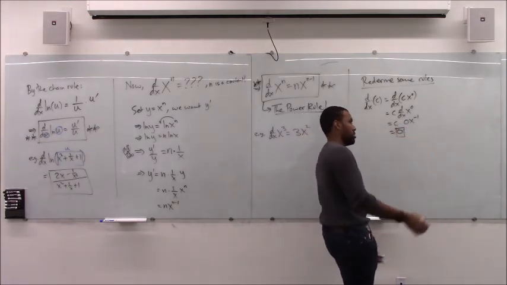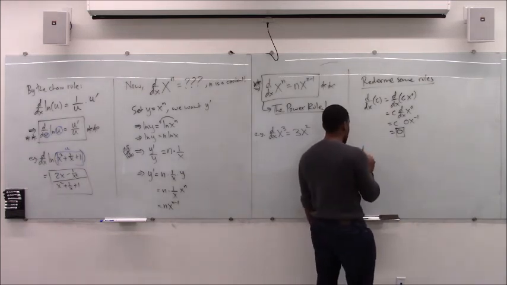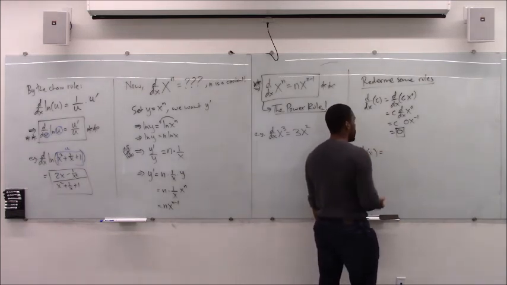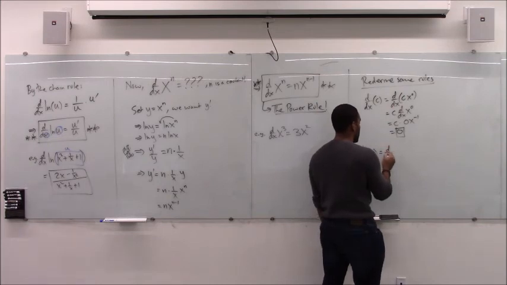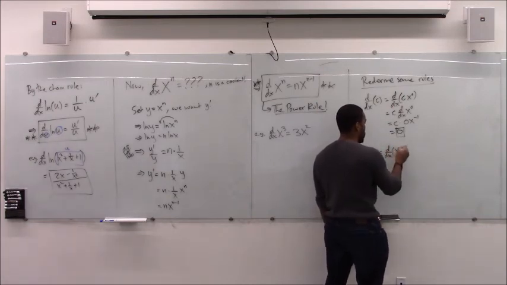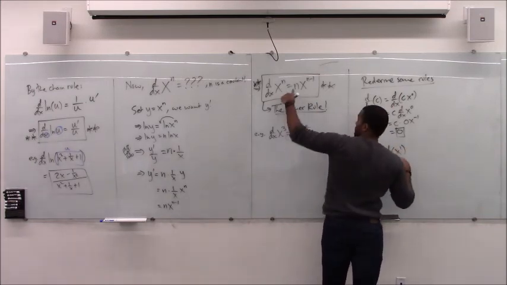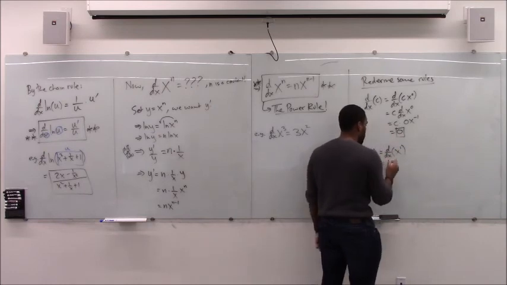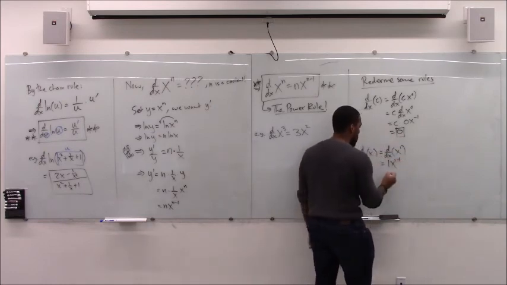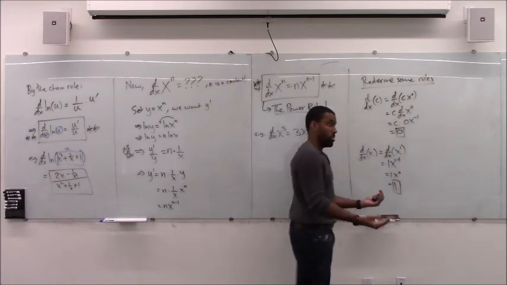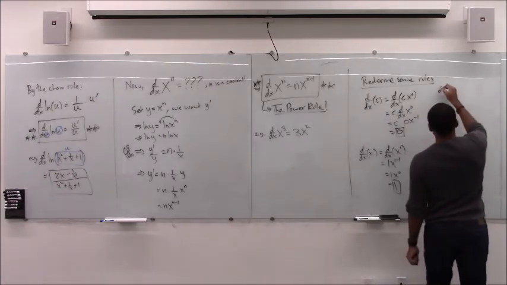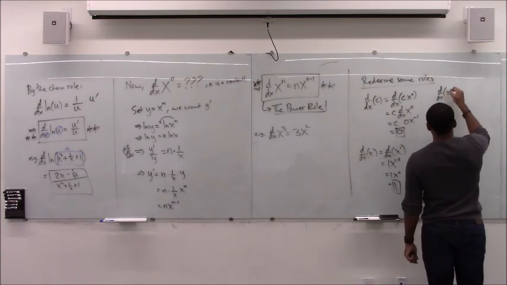The derivative of a constant is 0. What is the derivative of x? Well, we know it's 1, but the reason is that we can think of it as x to the 1 power. Applying the power rule, take the 1, move it down in front, subtract 1 from the power. You get 1 x to the 0, but x to the 0 is 1. So that rule makes sense again. What is the derivative of x squared?